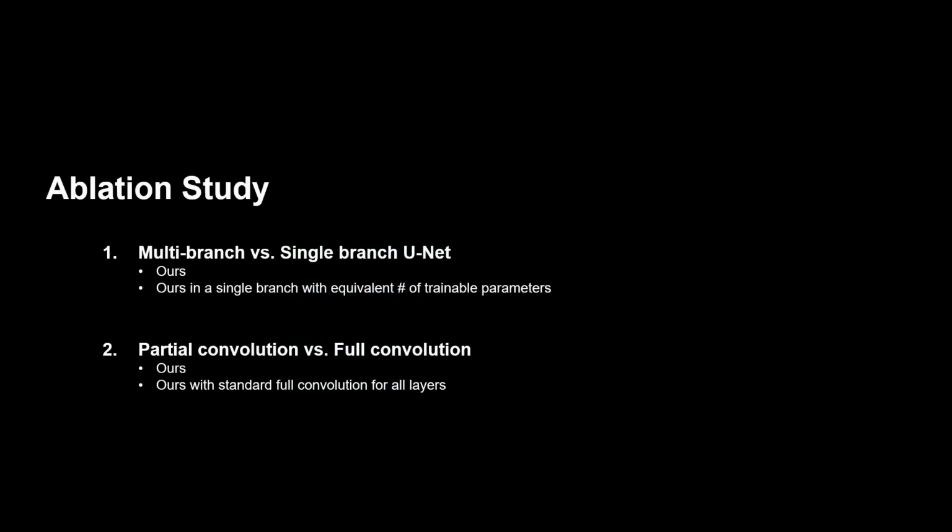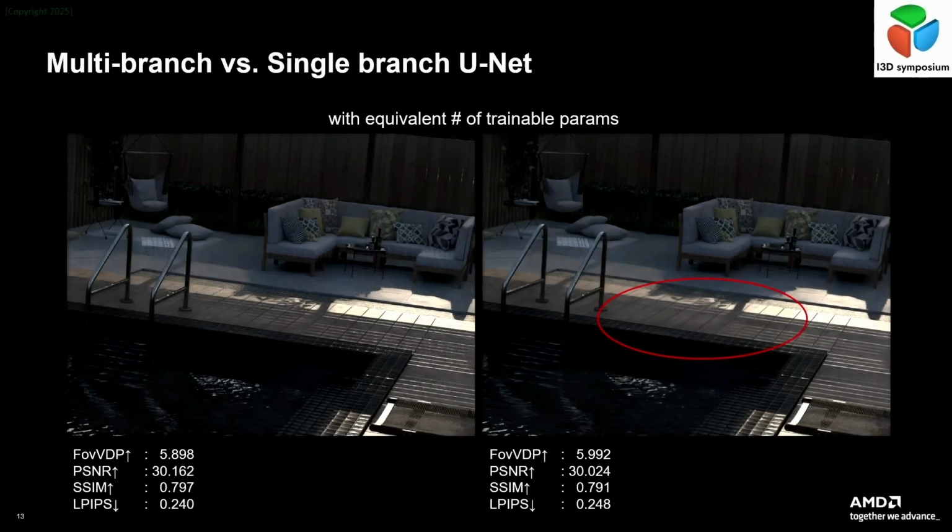Now let me present our 2 evaluation studies to highlight the benefit of our multi-branch feature extraction network model. First, here I compare the result using our multi-branch network model versus single-branch UNet feature extraction.